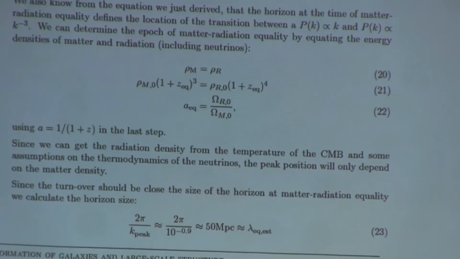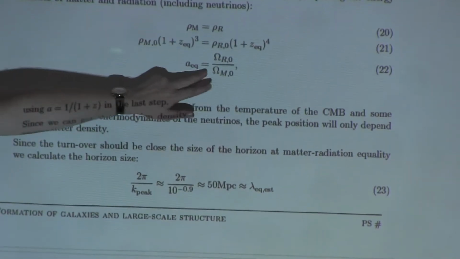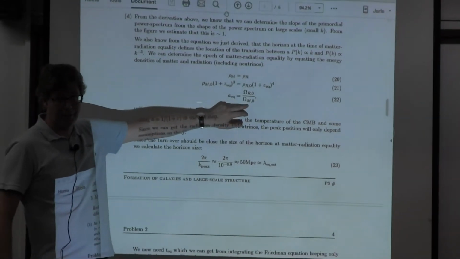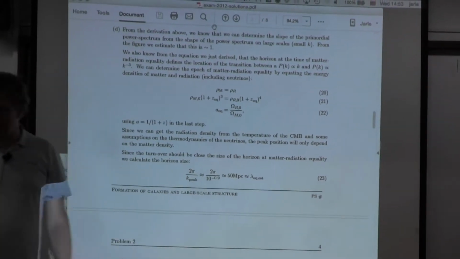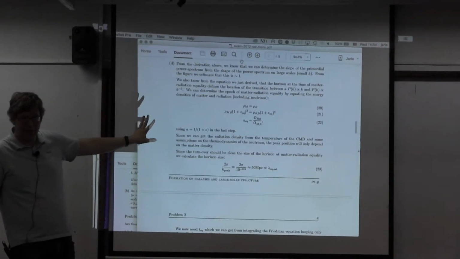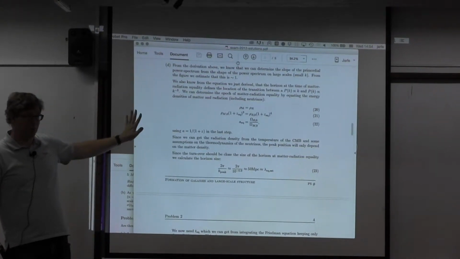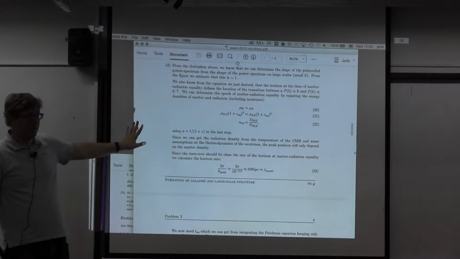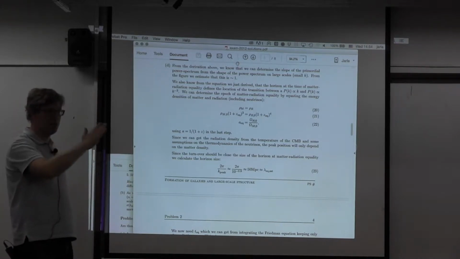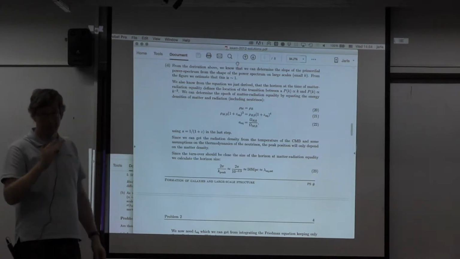And that depends on radiation and matter density. Now you could tell me, and you would be right, that the question as I gave it to you was not solvable. Because you could change the temperature in the current day universe, and you could change the position of this peak arbitrarily.